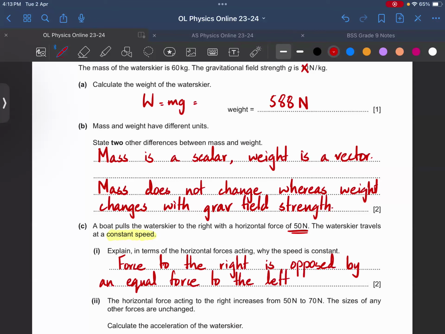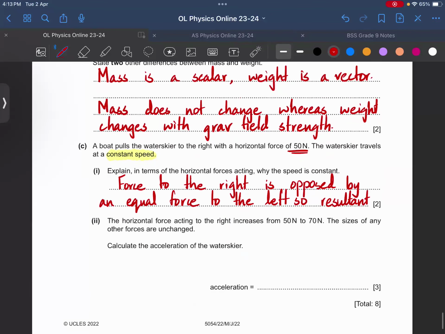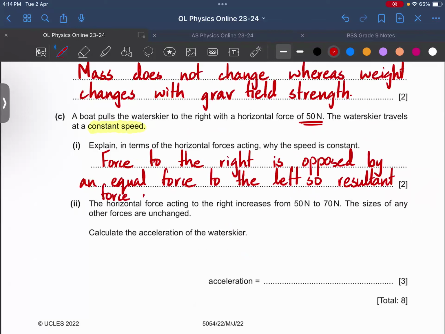So resultant force is zero. और अगर आप कहना चाहें यहाँ आगे, you can also say this, and there is no acceleration.